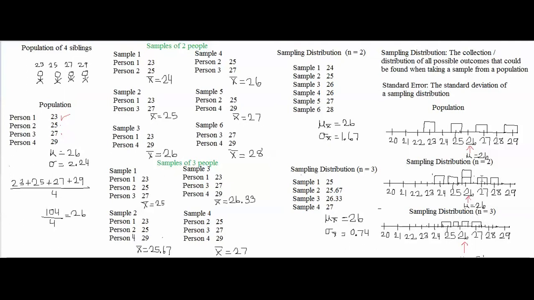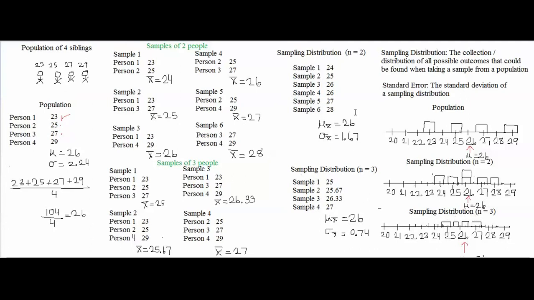So that's what always happens when your possible samples have a smaller sample size. The possible samples have more spread. When your possible samples have a larger sample size, then the possible samples have less spread.